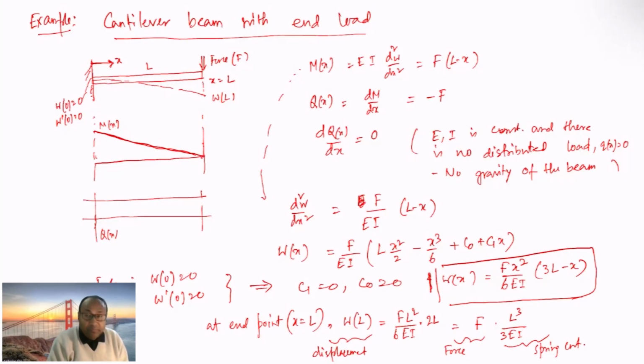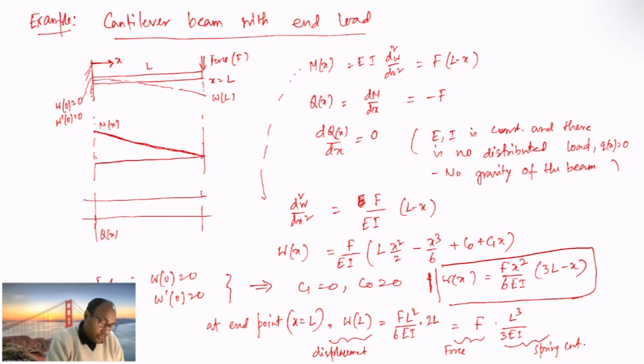Okay, this is what you get when you have a simple cantilever beam with a load at one end. The beam is fixed at one end, the other end has loading, and you get the displacement equation using static Euler-Bernoulli.